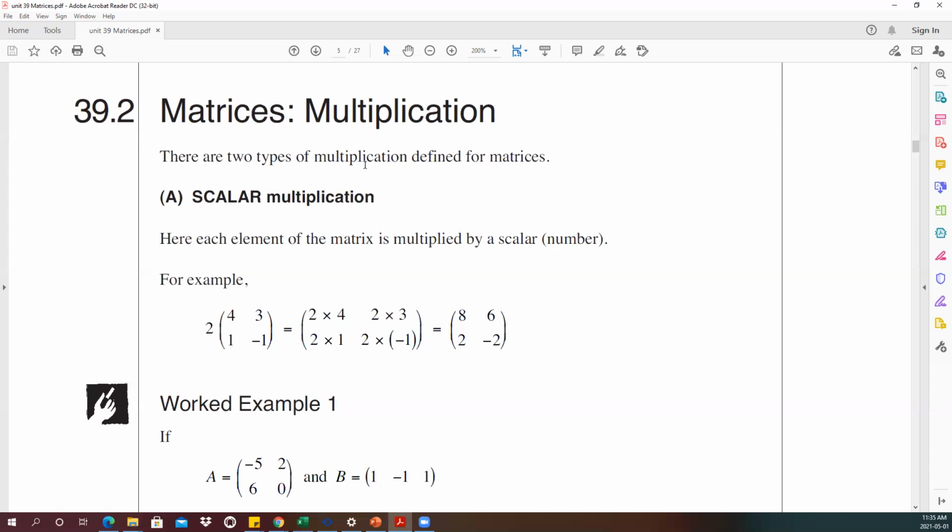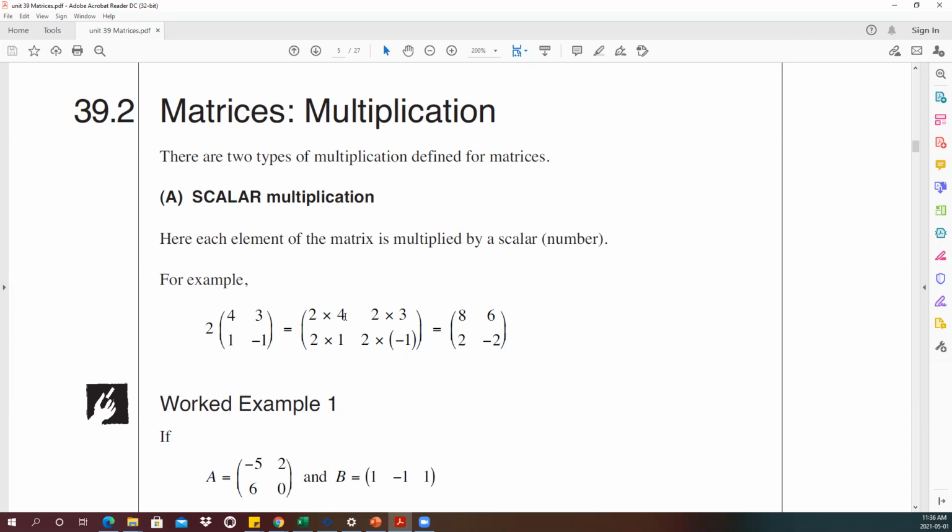There are 2 types of multiplication defined for matrices. The first is scalar multiplication. Here, each element of the matrix is multiplied by a scalar, that is a number. For example, you have 2 on the outside of this 2 by 2 matrix, and all that happens is that you use this 2 to multiply each element of the matrix.